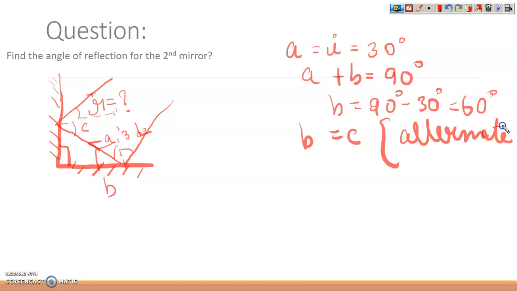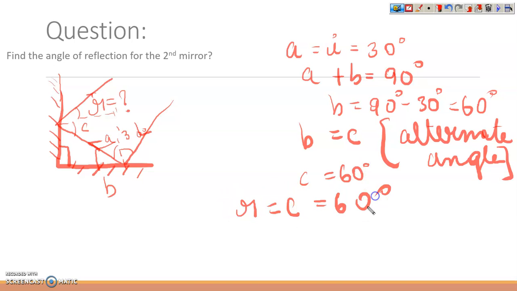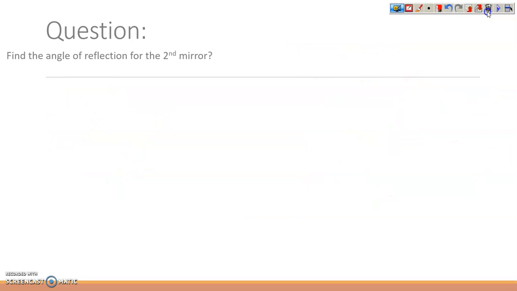I hope you have already studied this in maths: Z angles are always equal. So C will be 60. As we know that they are equal, R will also be 60. This was so easy. There are harder numericals on this, which we will talk about in the next lecture.